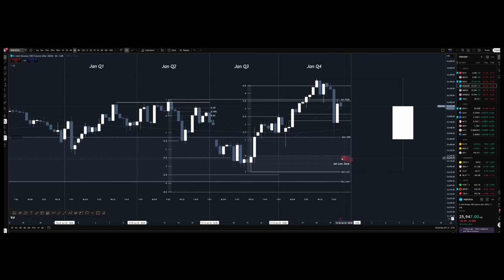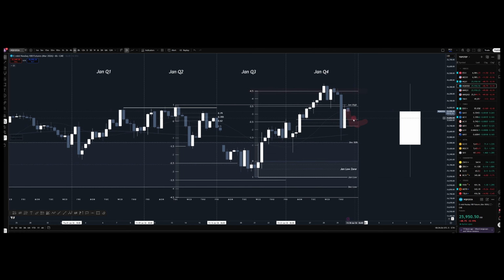Our breakout here for the current January low, and then same thing, push up to 1.5, go into a reaccumulation at 2.5 and push straight back up to SD 4.5, possibly the high of the month here, and then we're just gonna fizzle out here at the end.